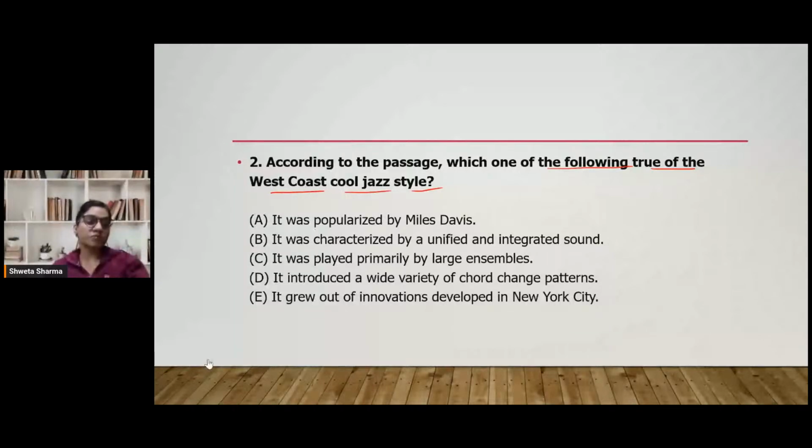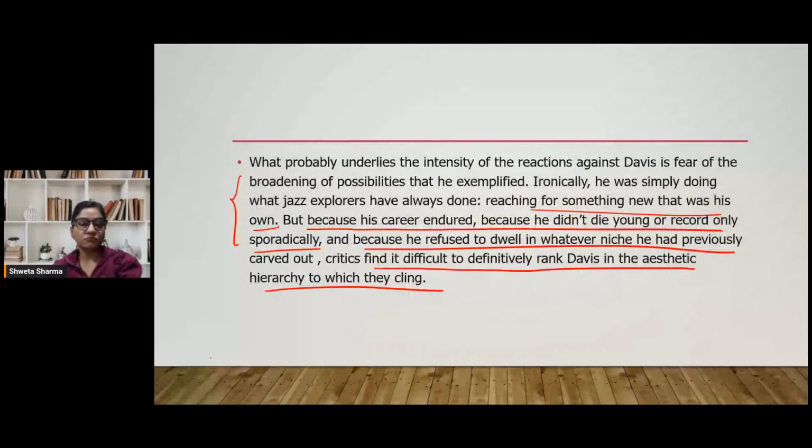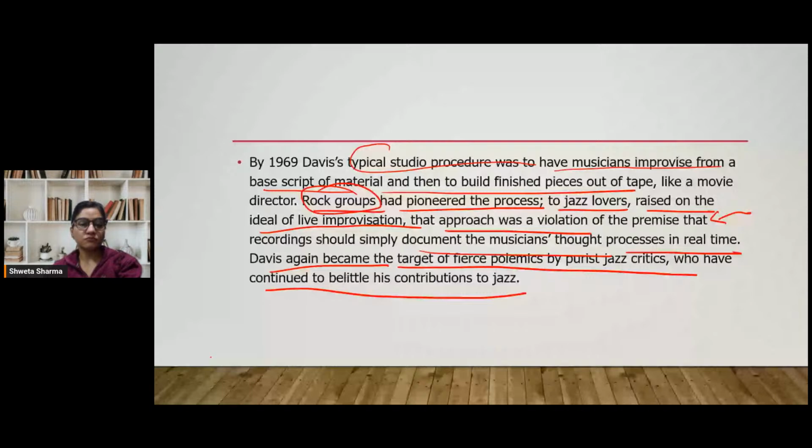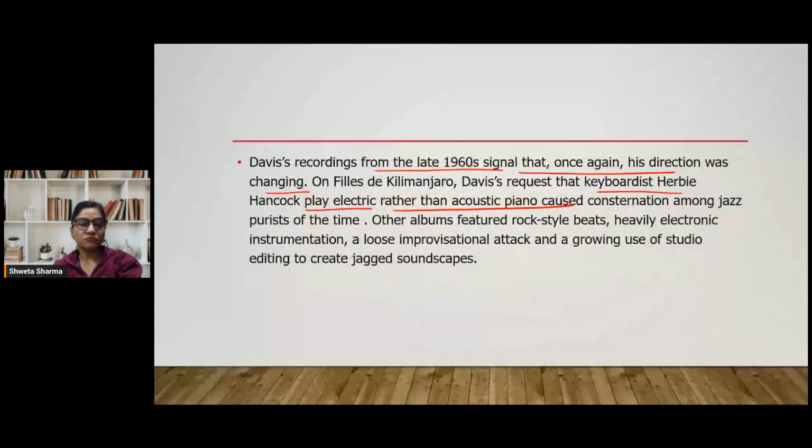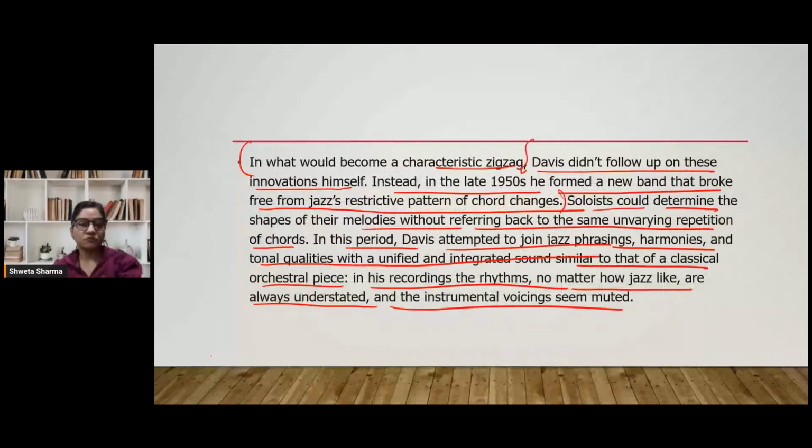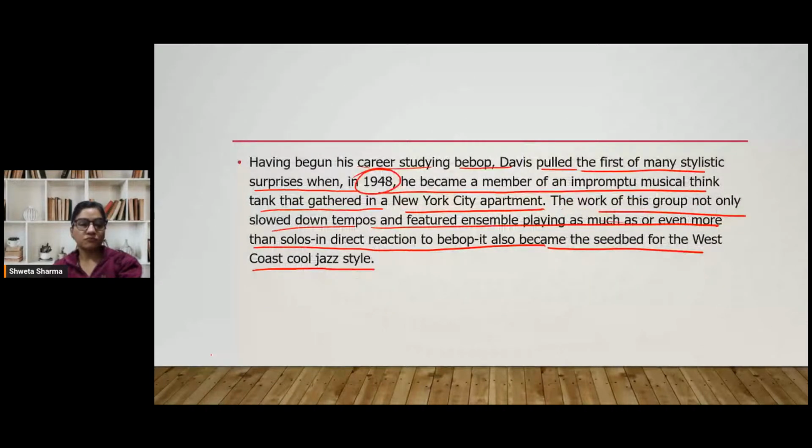If you want me to take you back to the passage about West Coast cool jazz, we can even go back to it and then you can eliminate the options. Please have a look at the section and try to answer it now.